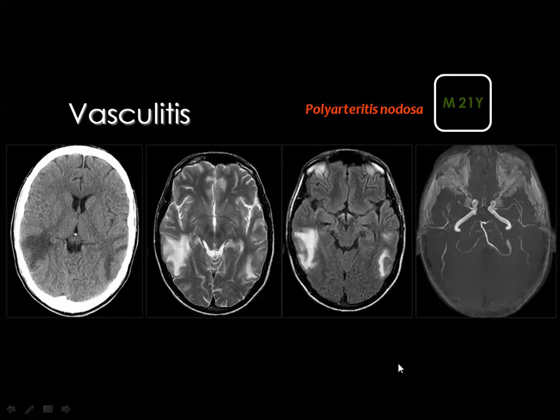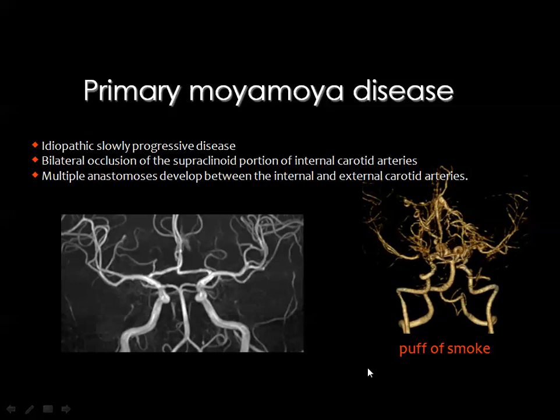If you are dealing with systemic lupus erythematosus, polyarteritis nodosa, Behçet disease, the explanation of these lesions, which are hypodense lesions in the temporooccipital area, high signal in the T2 and the FLAIR weighted images, is easy as vasculitis.